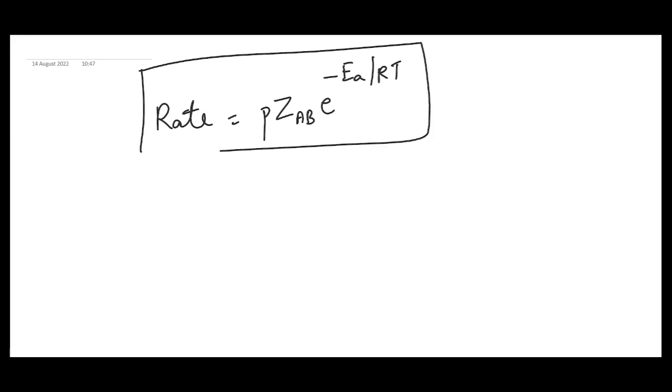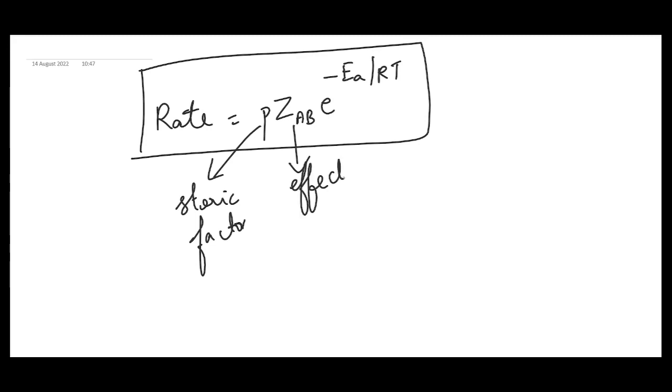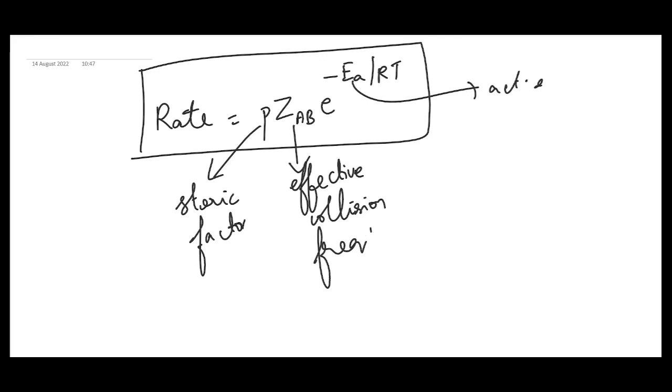This is the final equation of collision theory where P is the steric factor, ZAB is the effective collision frequency, EA is the activation energy, R is the gas constant, and T is the temperature.